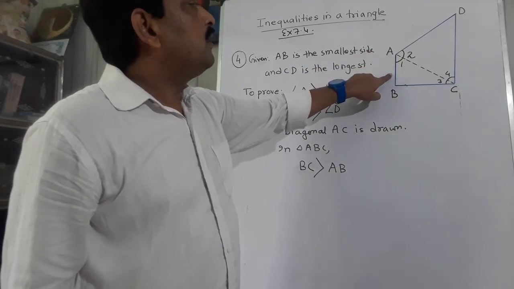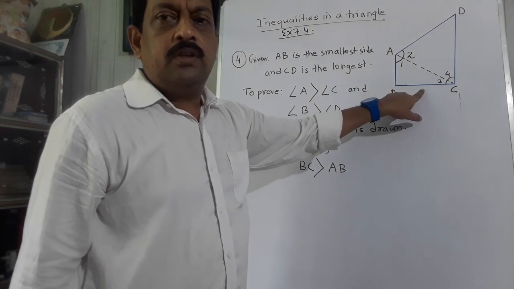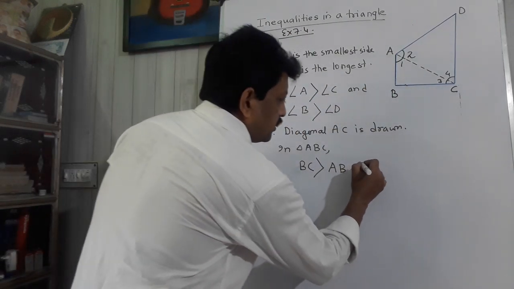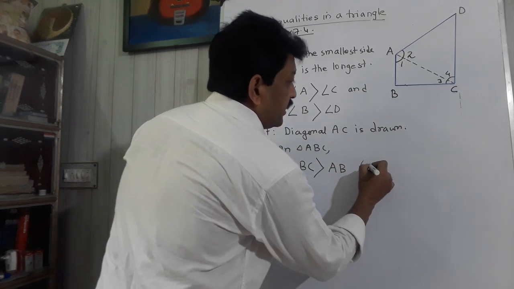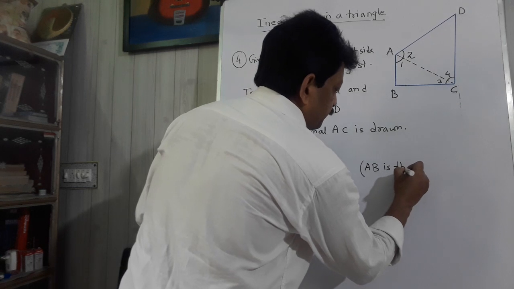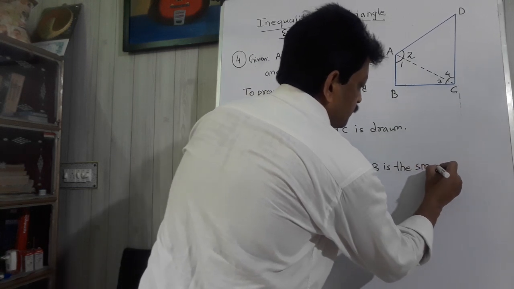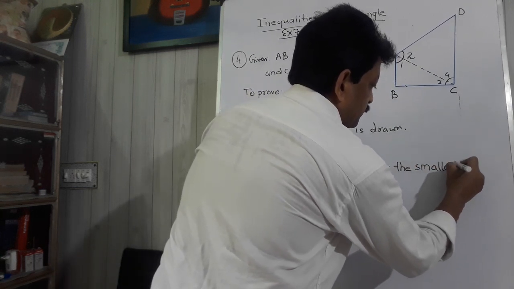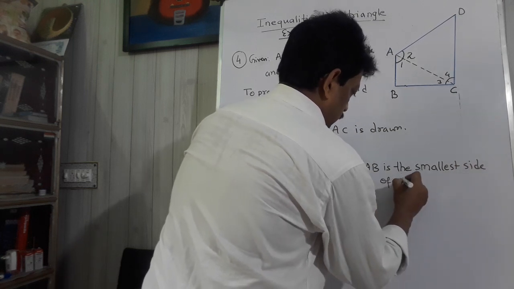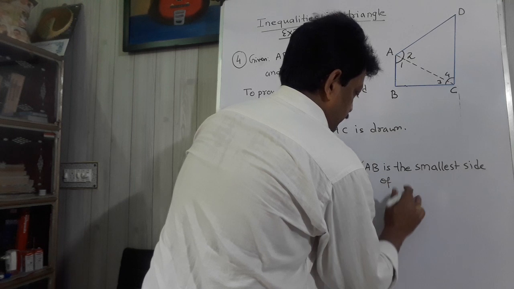So obviously AB is smaller than BC, that is, BC is greater than AB. So here in the reason we can write: AB is the smallest side of quadrilateral ABCD.